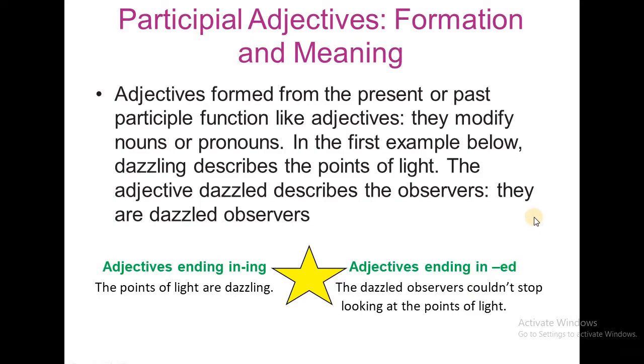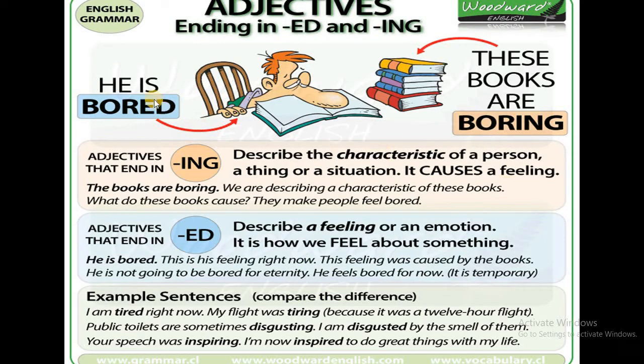Let's talk about it more. He is bored. These books are boring. So bored with ed, we use it to describe the feelings of this man or this boy. But these books are boring.